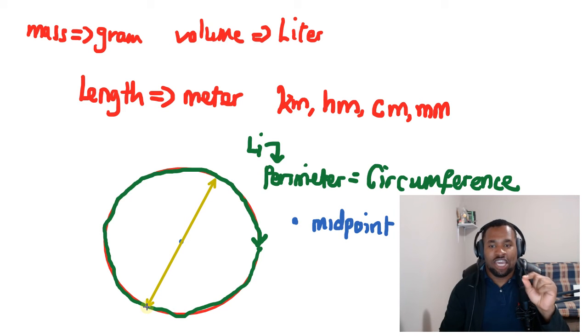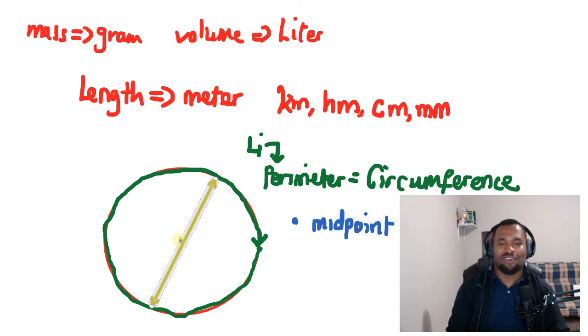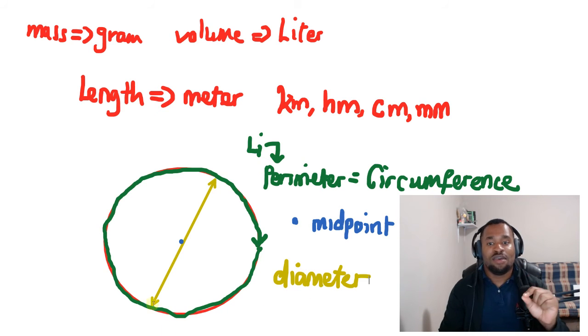For this line to be established as going exactly from one end to the other end, not like this, not like this, but exactly like this, it is called the diameter. So the diameter of a specific shape is considered to be the distance from one end of a circle to the other end of a circle, touching the midpoint.